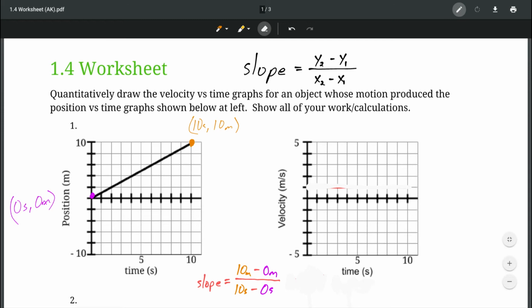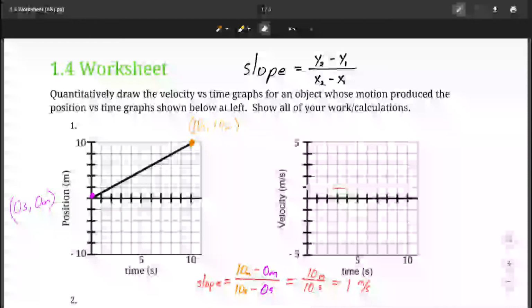When we find these two differences, we get a fraction that's 10 meters over 10 seconds. And so what we can do is simplify the 10 divided by 10 into 1, and simplify the meters over seconds into 1 unit, which is meters per second, which is the unit of velocity.